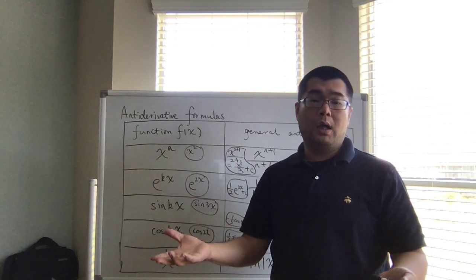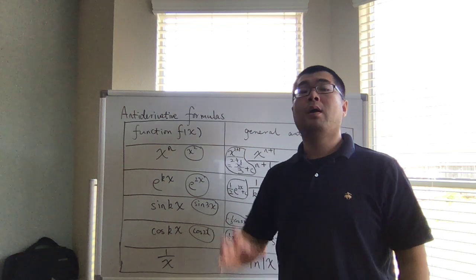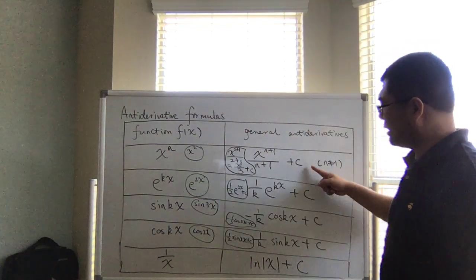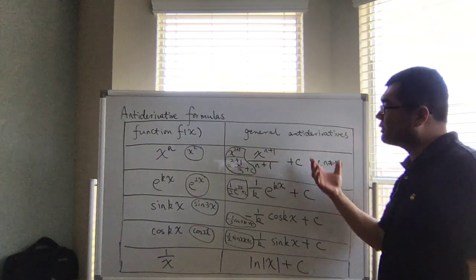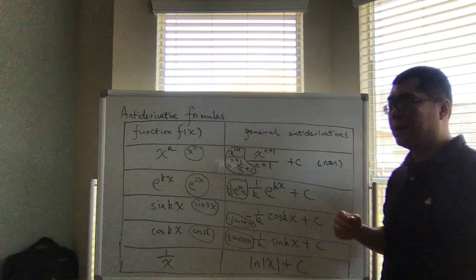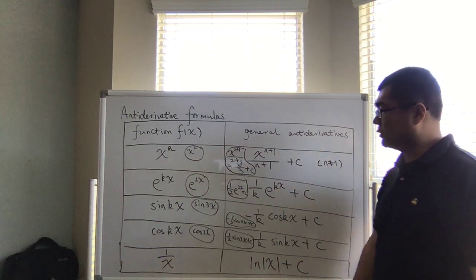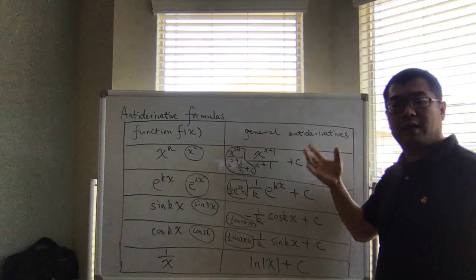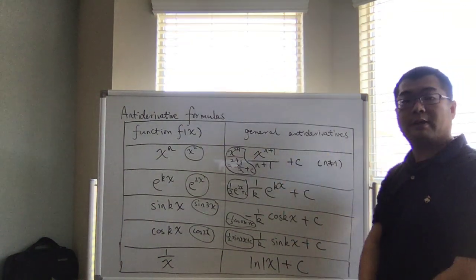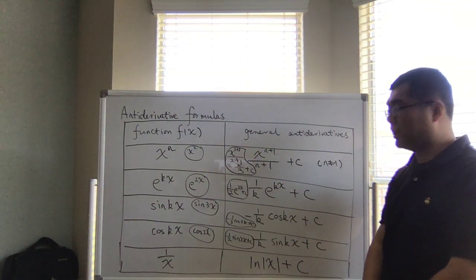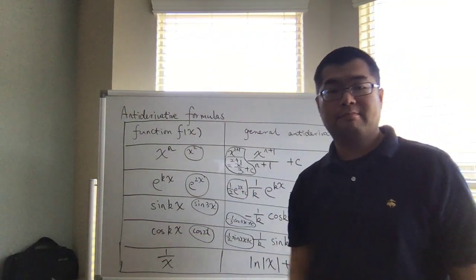If not, you have to rethink it, because there's something wrong. Also, never forget this constant c, because it stands for a general antiderivative. This is called the family of solutions, because this c is arbitrary, so it stands for a family of solutions. Okay, so I'll stop here and see you guys later.